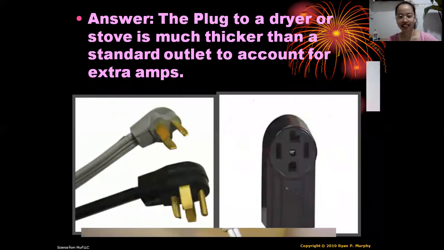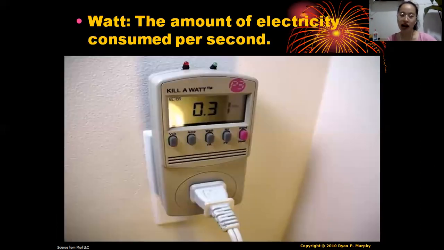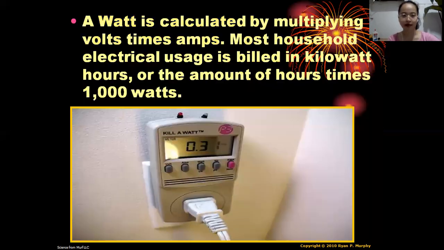Okay, so we have the watt, the amount of electricity consumed per second. Watt, that is the unit for power. Okay, and it is calculated by multiplying volts times ampere. Okay, remember that one.